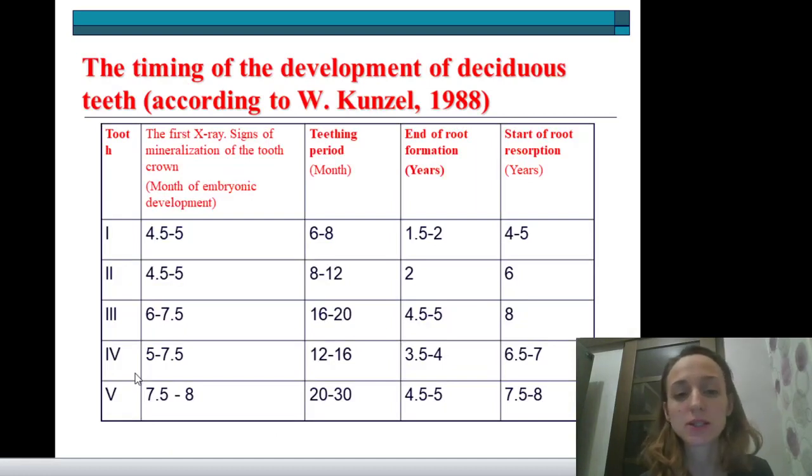The terms of the development of deciduous teeth: you should learn this table, because you will need this knowledge for your practice, for tests and for some practical tasks.